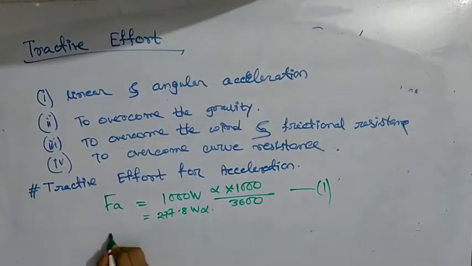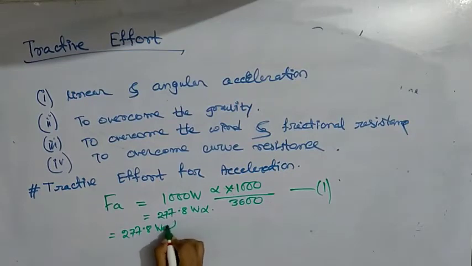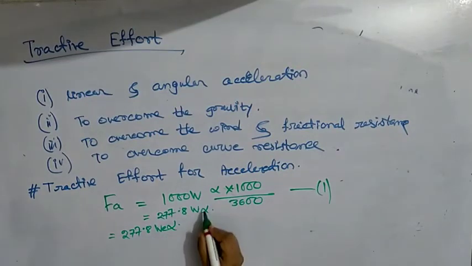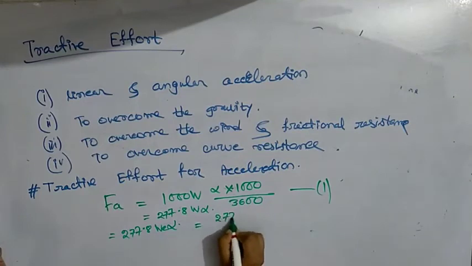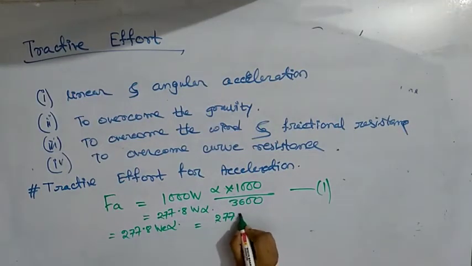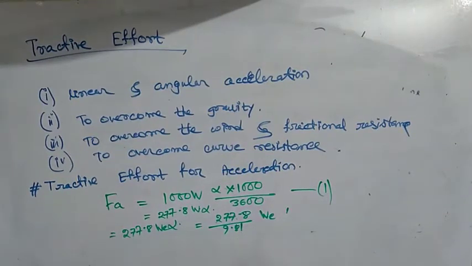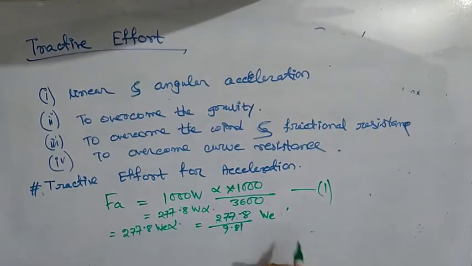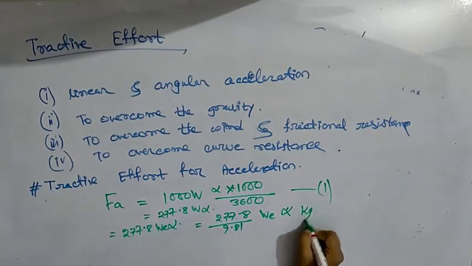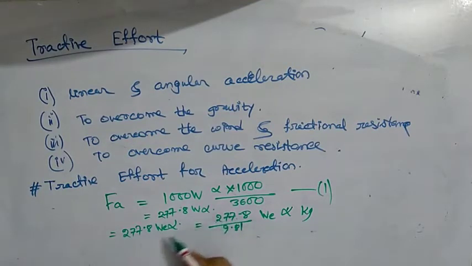Now this equation becomes 277.8 into WE into alpha. This equals 277.8 by 9.81 WE into alpha, WE into alpha kg. Now we convert the newton to kilogram, so we divide this equation by 9.81.